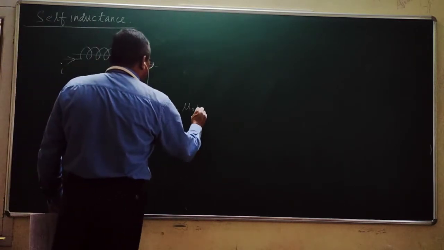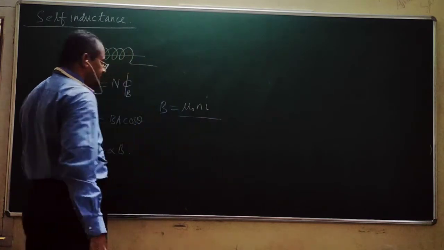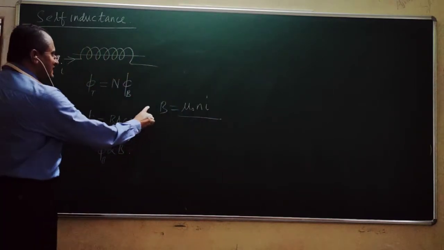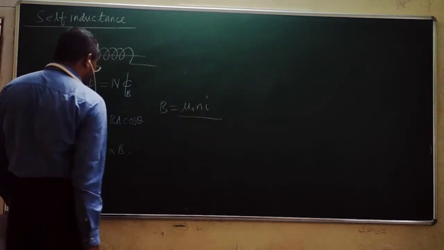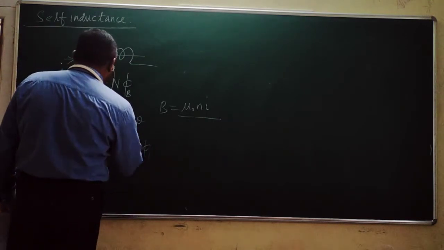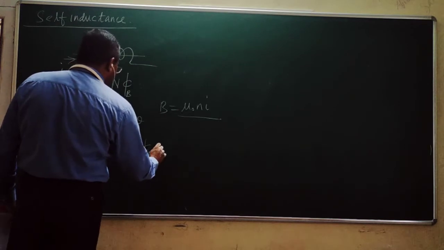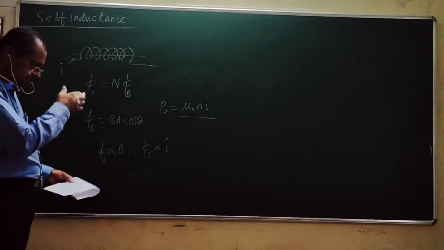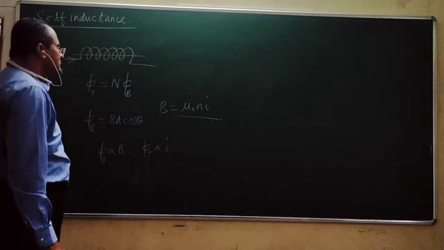There you will derive an expression like this, which means B is directly proportional to I. Then I can say phi b, or total magnetic flux, also depends on current. Is that okay to you?